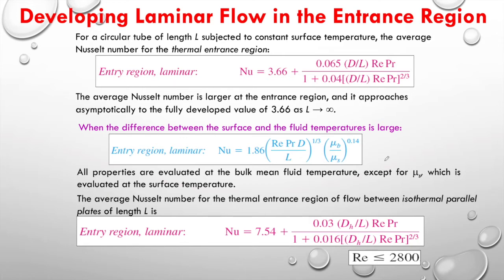Under developing laminar flow, many equations can be used, but normally we use the entry region laminar equation: Nusselt number equals 3.66 plus 0.065 (D over L) Reynolds number Prandtl, over 1 plus 0.04 ((D over L) Reynolds number Prandtl) to the power 2 over 3. Normally we will use that equation when the difference between the surface temperature and the fluid temperature is large.